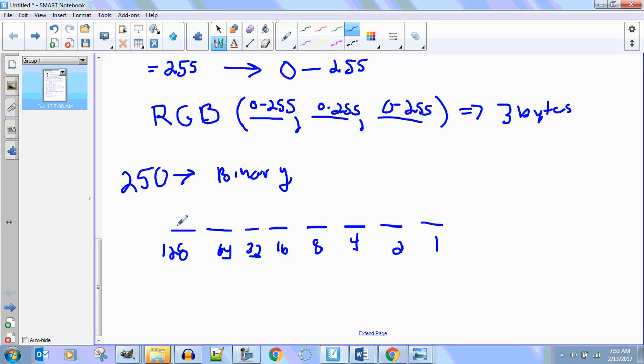Can I add 128 into 250? Yes, I can. Put a 1 there. Can I add 64 plus 128 to start adding up to 250? Yes, so I put a 1 there. If I add these two numbers up, 128 plus 64 is 192.